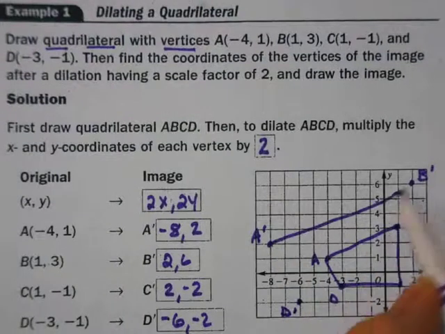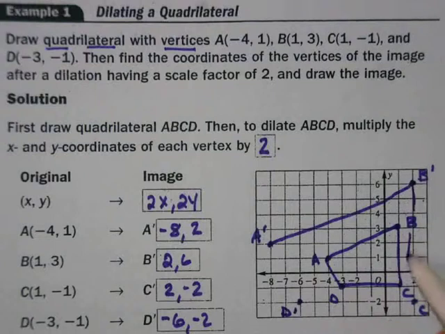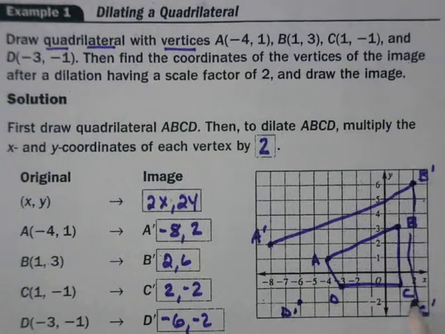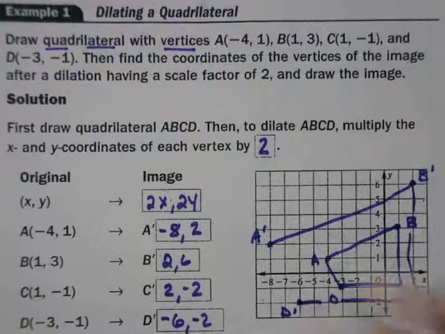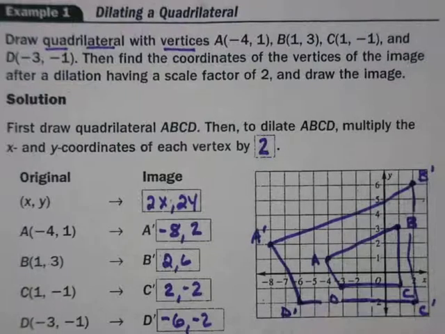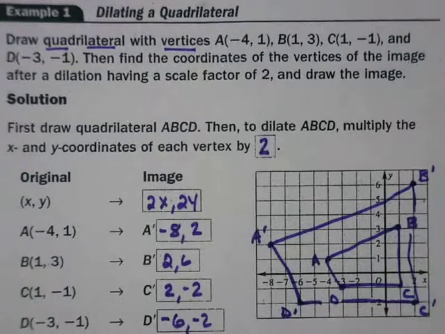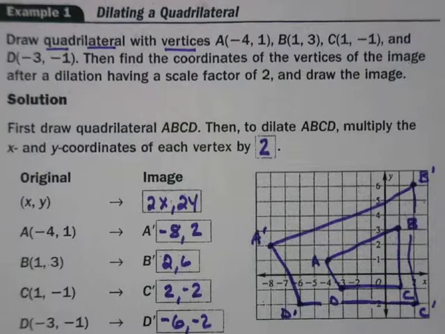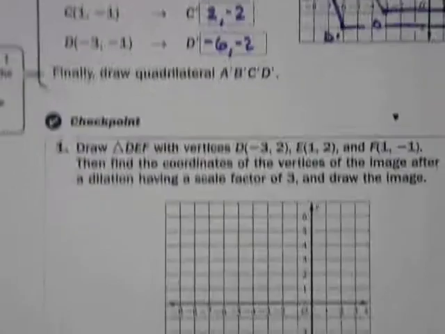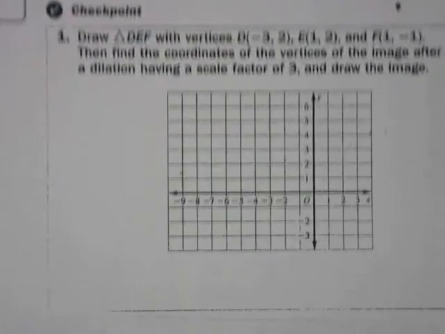Now if I connect these, there's my new quadrilateral, A prime, B prime, C prime, D prime. Notice it has the exact same shape as our original quadrilateral, it's just bigger.